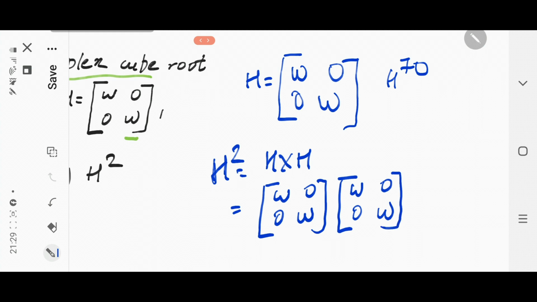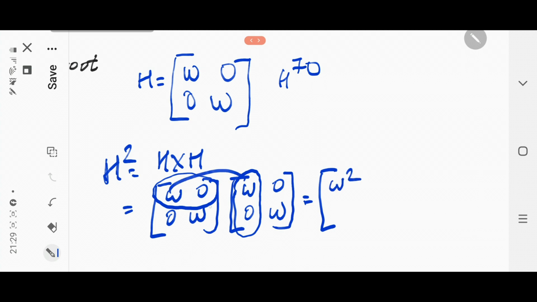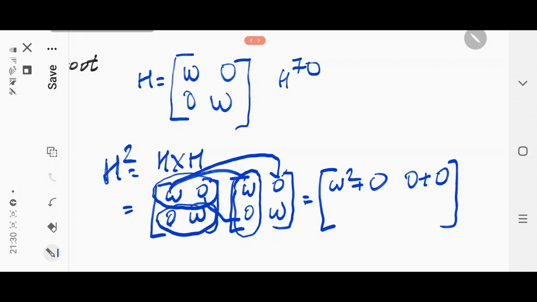Therefore, matrix multiplication is applied here. You know how to multiply. You take the row here, and in this matrix you take the column. Omega into omega is omega square, and 0 into omega is 0. Same way, multiply this row to this column: omega into 0 is 0, and 0 into omega is 0. Then you take the second row: 0 into omega is 0, omega plus 0 is 0.